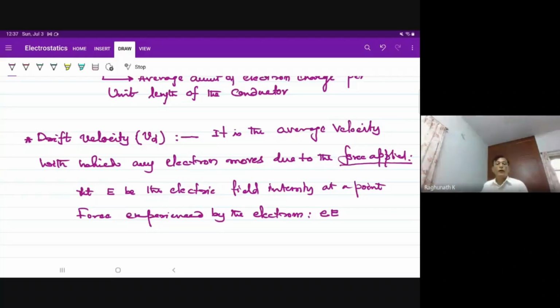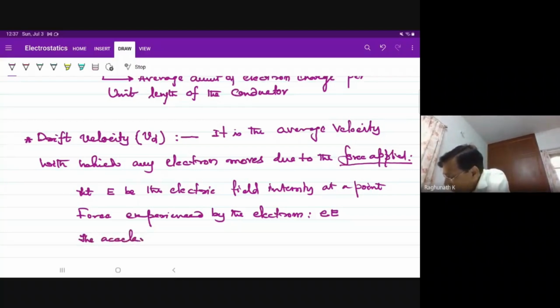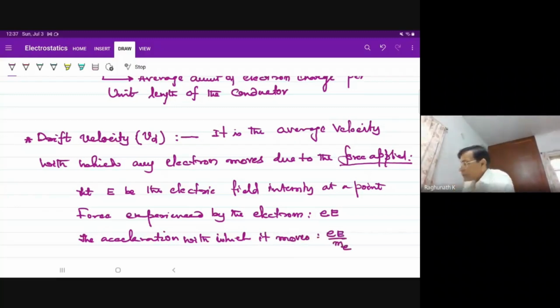Because each electron inside the conductor at that particular point is experiencing the force given by e into capital E, the acceleration with which it moves is eE by small m, where m is the mass of the electron.